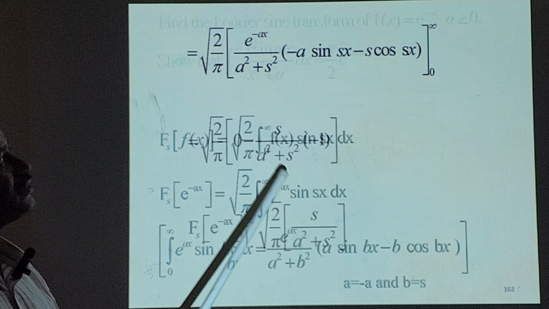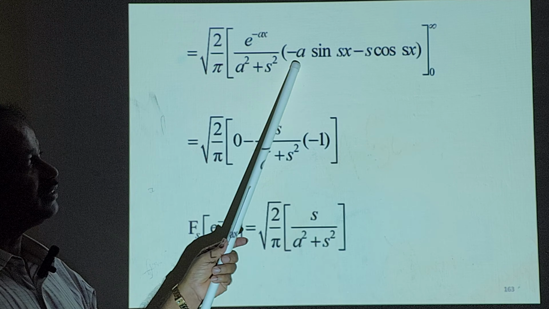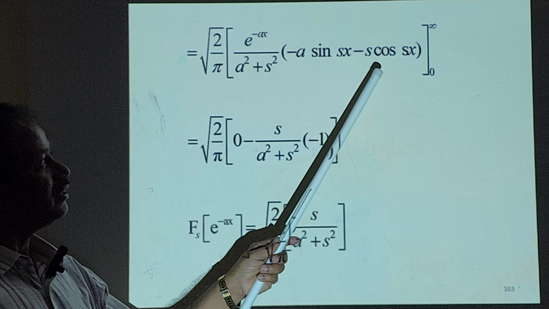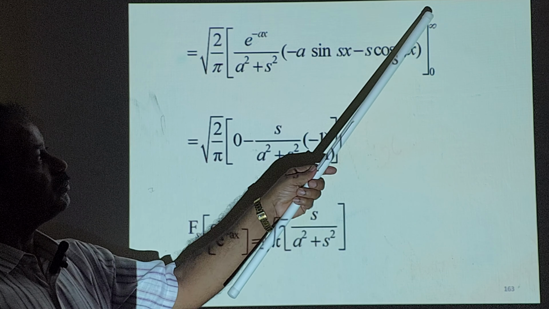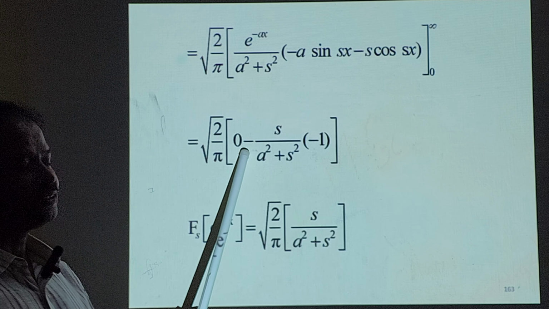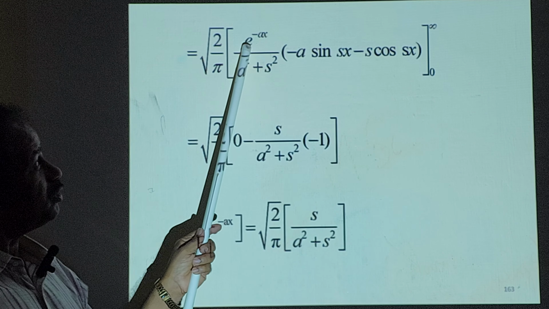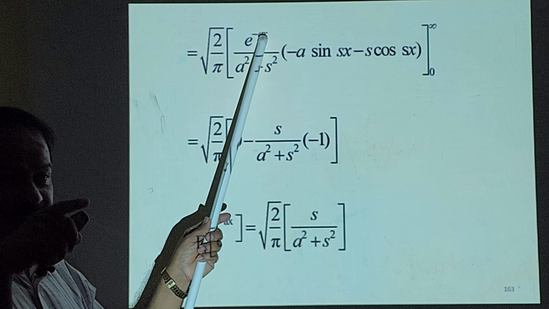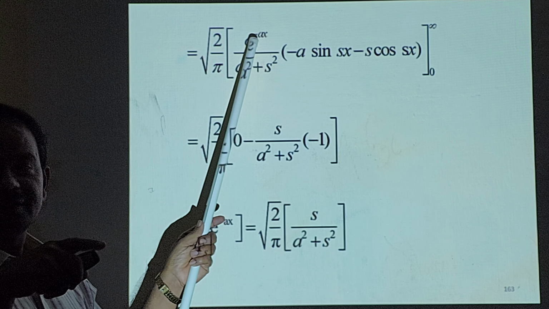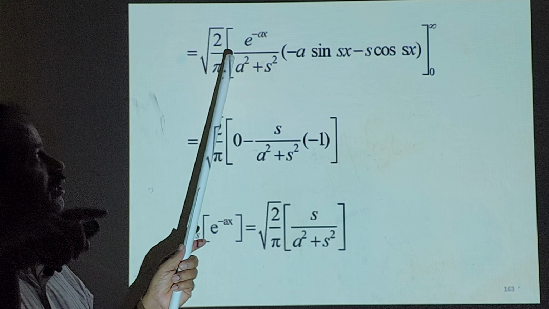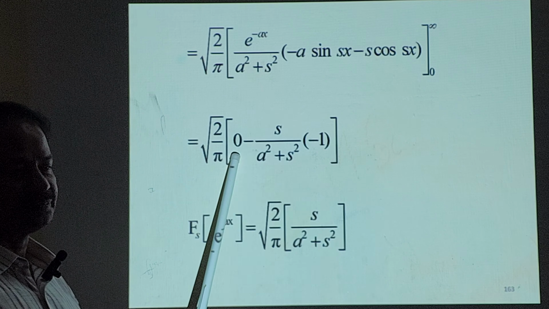So substituting this will give us e power minus ax divided by a square plus s square. Instead of a, you will have to substitute minus a. Instead of b, you will have to substitute s. So we will have this. Substituting the upper limit will give us 0, because e power minus infinity is 1 by e power infinity, 1 by infinity, which is 0.